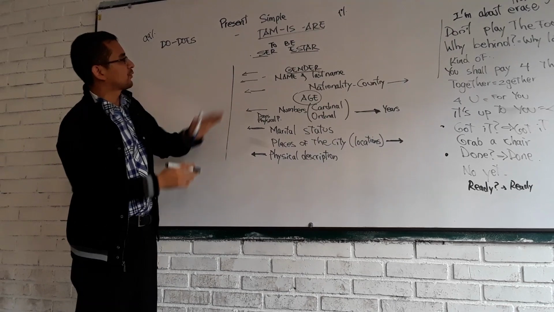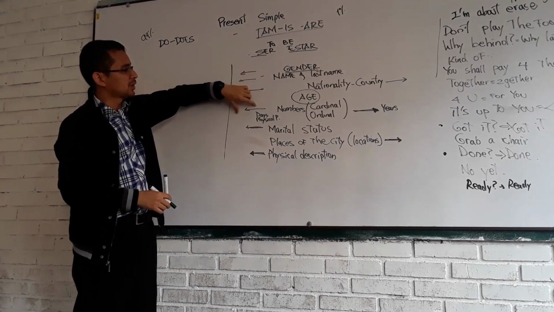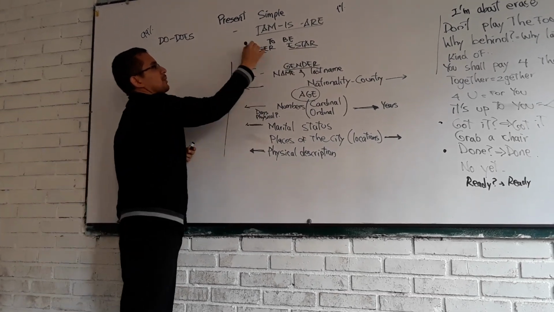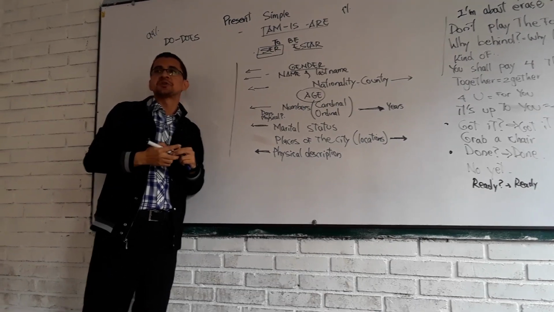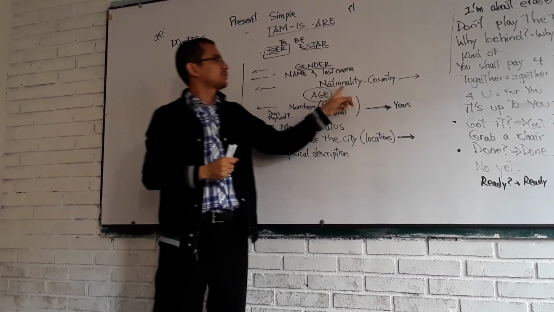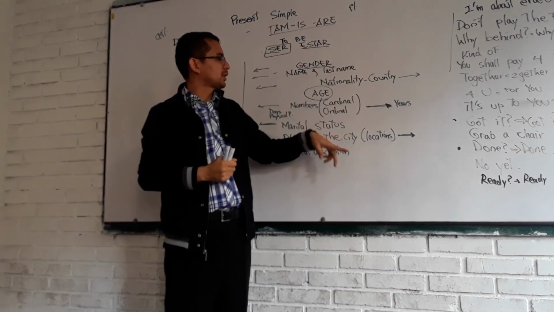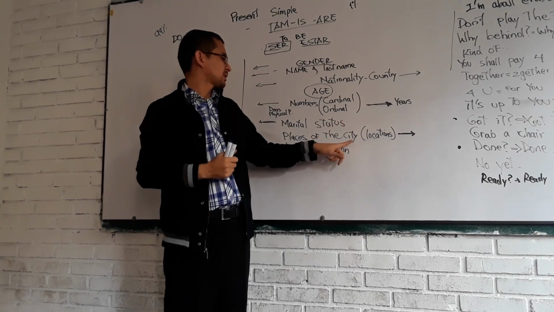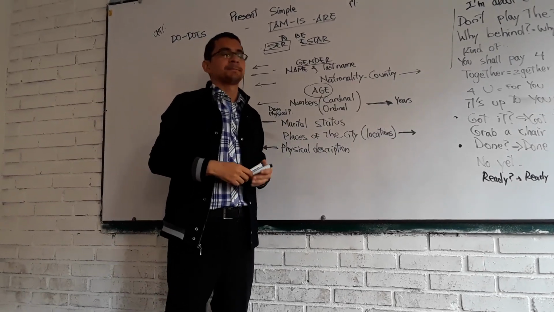So this is kind of, every time you talk about gender, about name or last name, numbers, marital status, and physical descriptions, we tend to talk about this verb for Latin Spanish speakers, okay? And every time you talk about nationality, about ordinal numbers, cardinal numbers, and we talk about places of the city, so we tend to talk about countries, okay?